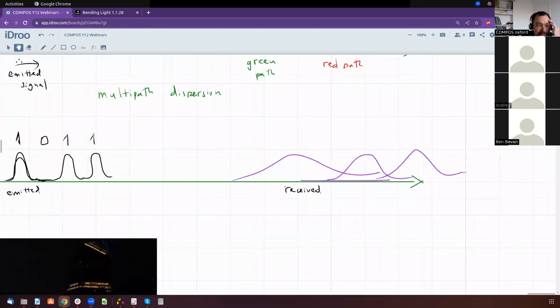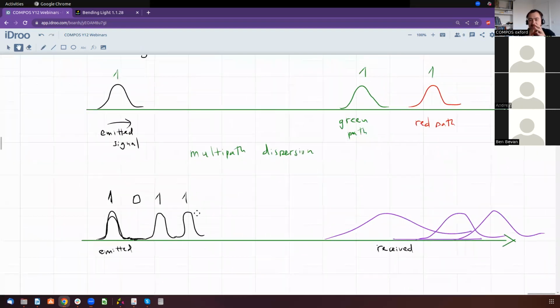It would be very difficult to figure out what you have received. Okay, does that make sense? Because the signal will spread out because of all the paths that the different parts of the signal have traveled through, and rather than receiving a sharp 1, 0, 1, 1, you would have three blobs of signal, which would be very difficult to discriminate.